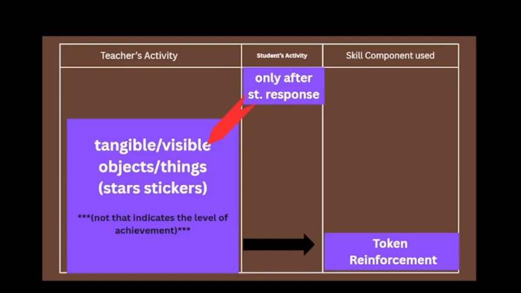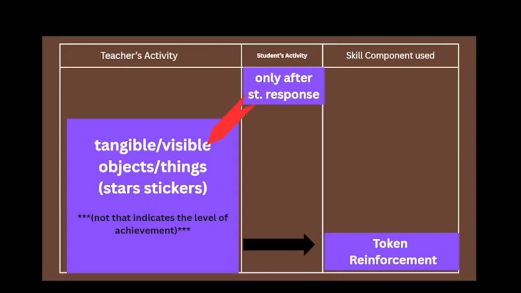Now come to token reinforcement. These are the tangible or visible objects given to the students in appreciation of what she or he has done. These objects have values, but they do not refer to the marks given to assess the student, to tell them to what extent they have learned a particular topic.